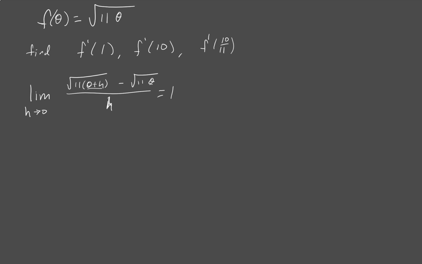So we evaluate this by using a difference of squares, right? I'm going to multiply top and bottom by that conjugate, and I'm going to get rid of the square roots. So this is going to be 11 times theta plus h minus 11 theta, all divided by h times the square root of 11 theta plus h plus the square root of 11 theta, right?